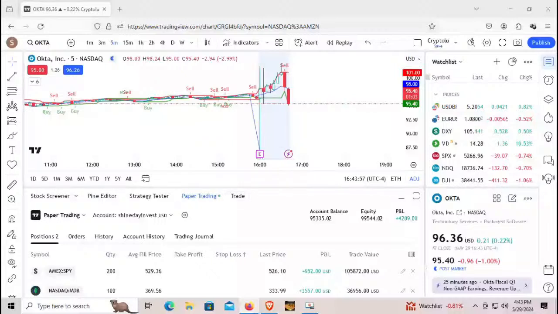Marvell, either it's tomorrow, probably it's tomorrow. And so far it's not doing any good. None of those. Okay, OKTA has become bearish, so I'm losing that position. So OKTA is tomorrow, and I have this play over here.